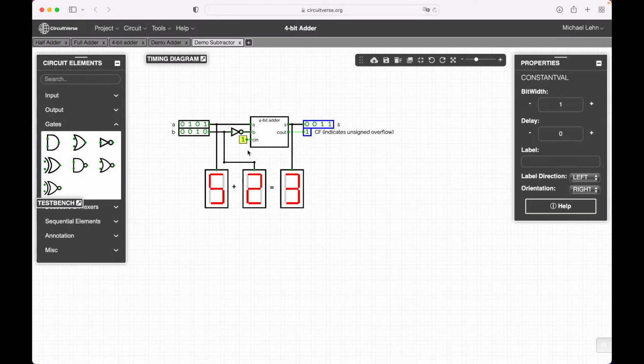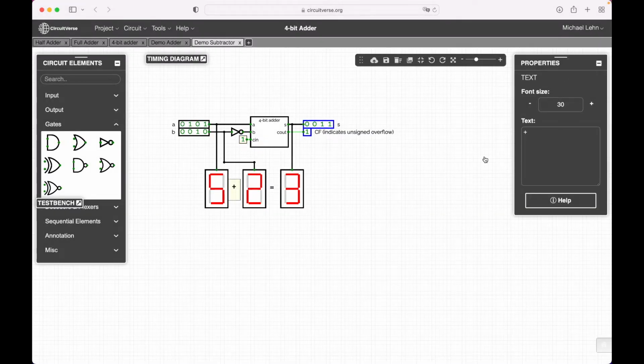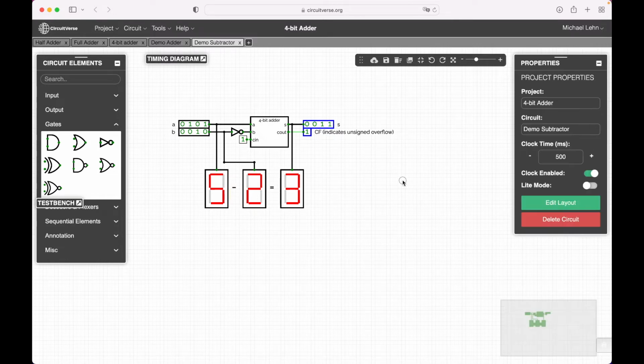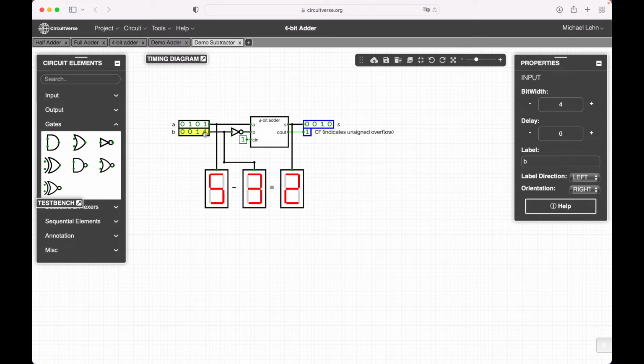That's it. And for demonstration purposes, you also use here a minus sign in this label. Now you see it's computing 5 minus 2, and it seems to be correct because the result is 3. And also 5 minus 3 is correctly computed as 2.